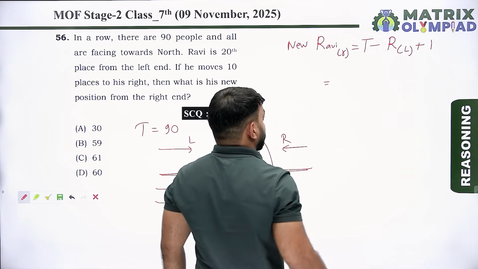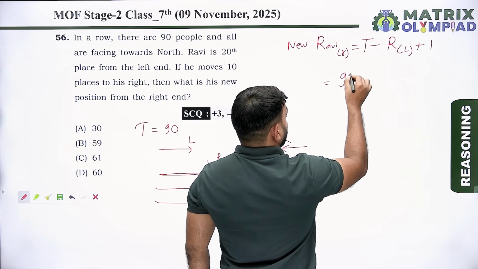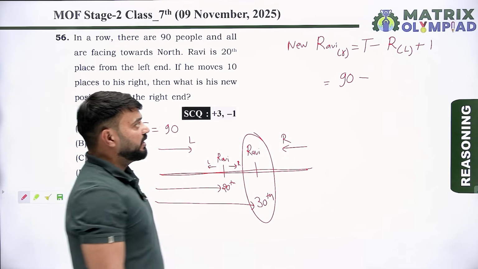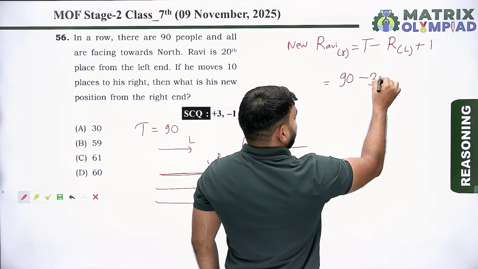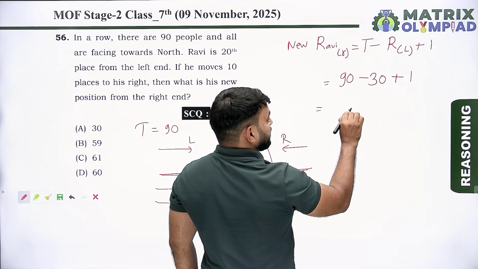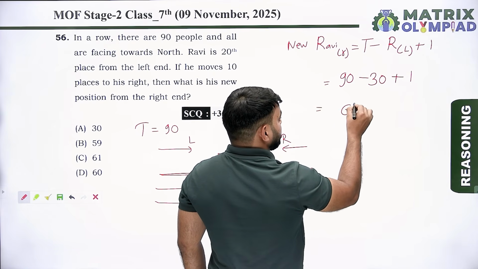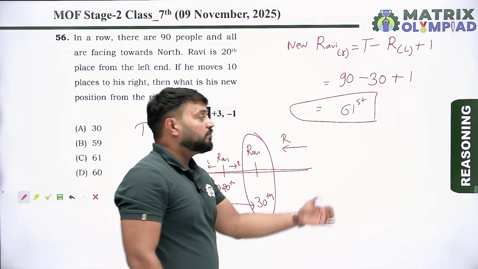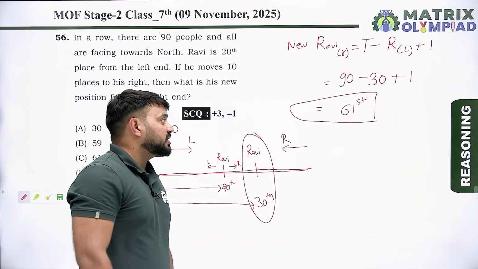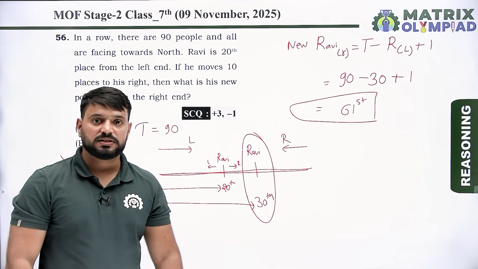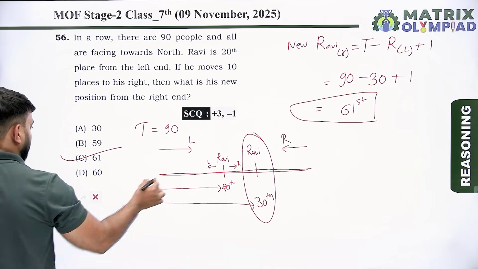So here total is equal to 90 minus new position of Ravi from the left, 30. So 90 minus 30 plus 1. 90 minus 30 is 60, plus 1 it means 61st. So the new position of Ravi from the right end is 61st. So here option C is the correct answer of this question. Let's move on to the next question.